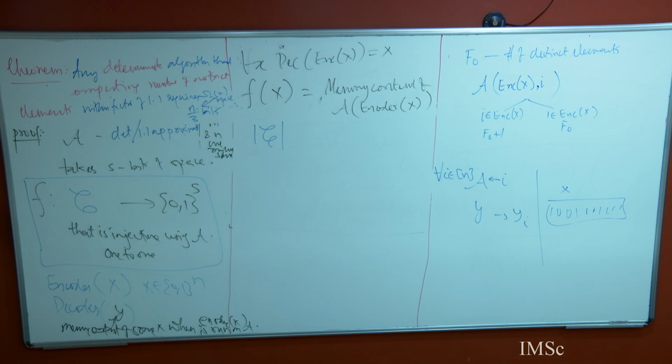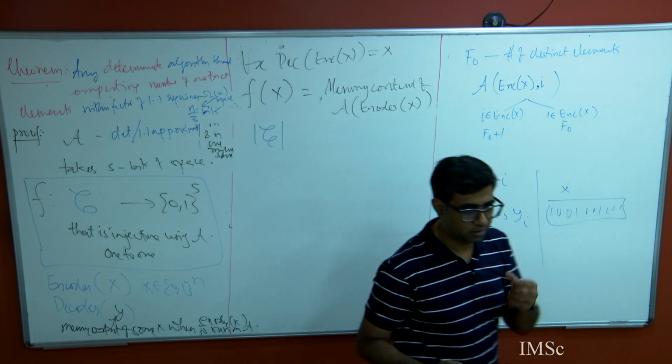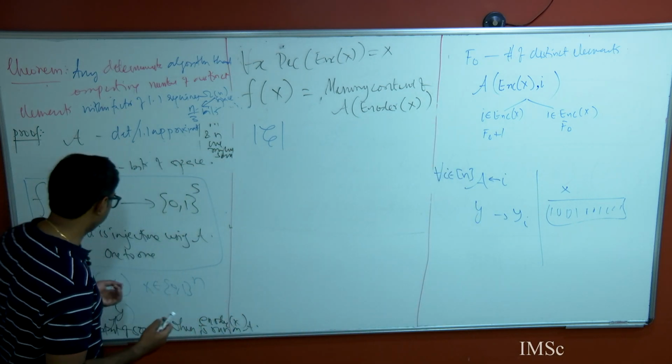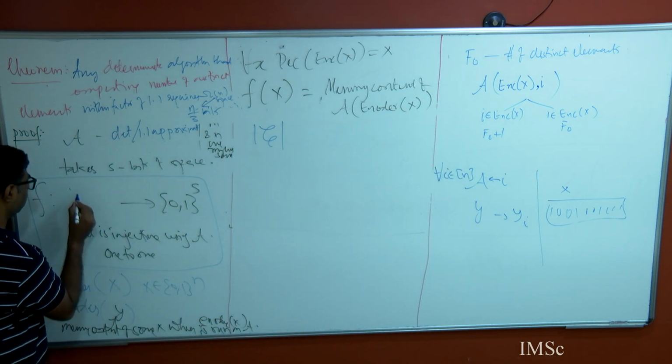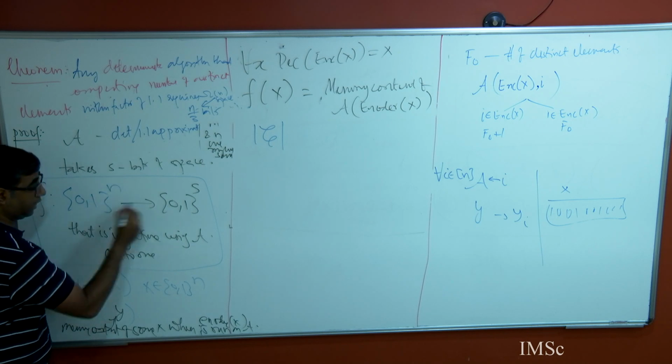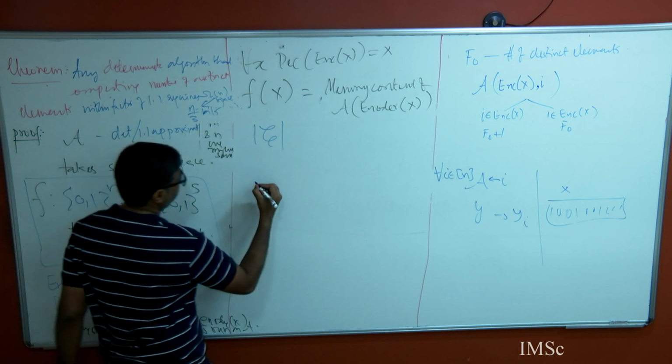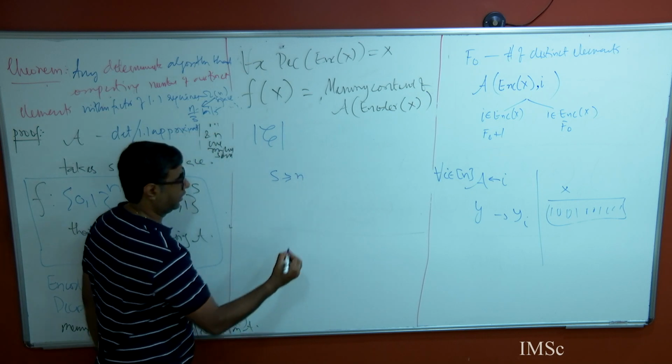Why did all of you suddenly say that with a map from 0,1 to the power n to 0,1 to the power s, definitely s has to be greater than or equal to n? Why was that inferred?